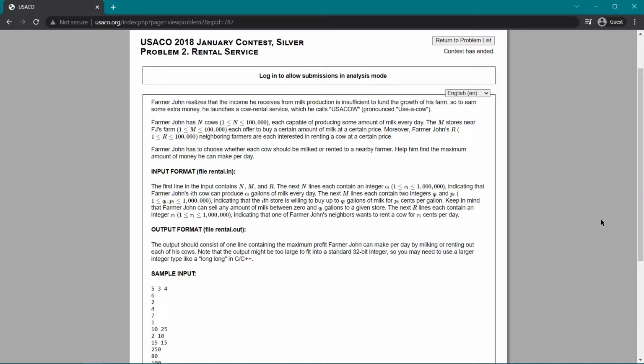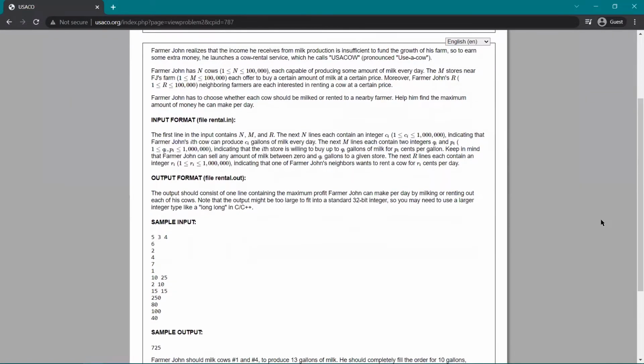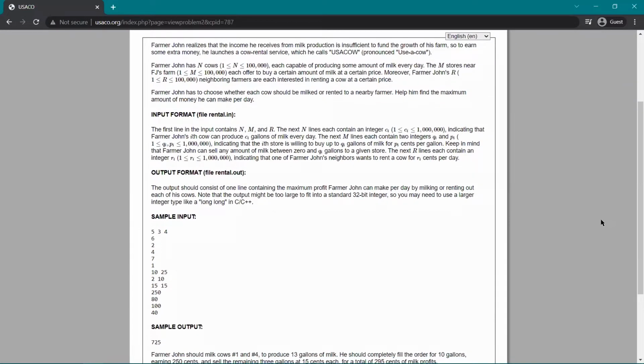Today we're going to be solving the January contest Silver 2018 problem 2, Rental Service. So for this problem, it reads, Farmer John realizes that the income he receives from milk production is insufficient to fund the growth of his farm. So to earn some extra money, he launches a cow rental service which he calls USACO. Farmer John has N cows, each capable of producing some amount of milk every day.